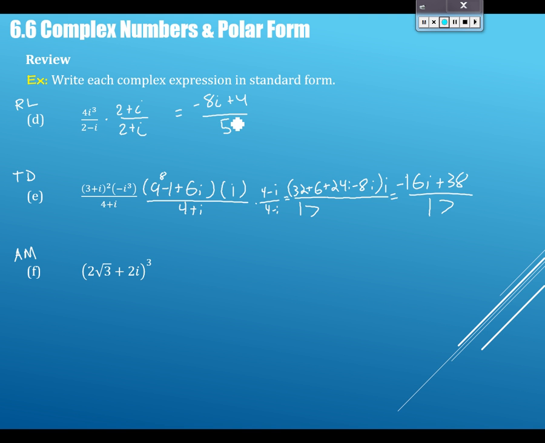Okay, so that's what you see Rachel doing in D. Thomas is also doing that in E. Anna will come up here in a second too. I believe in you. I got 30 minutes.